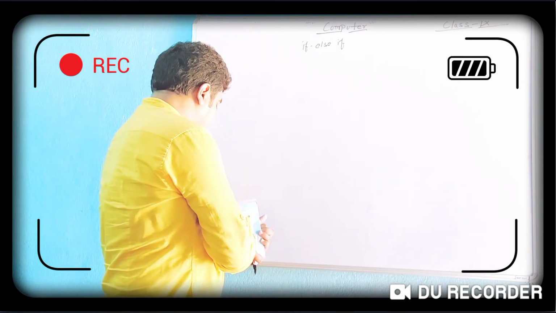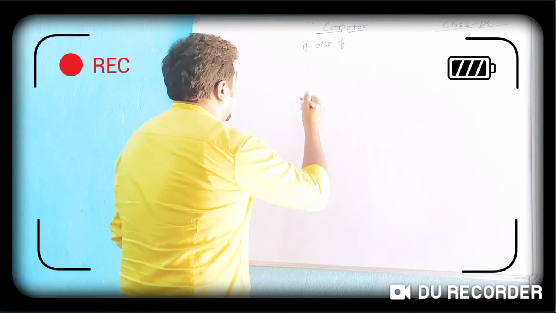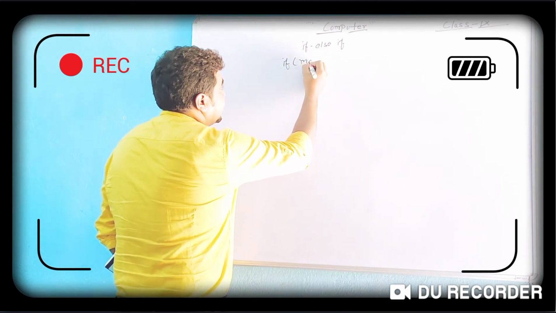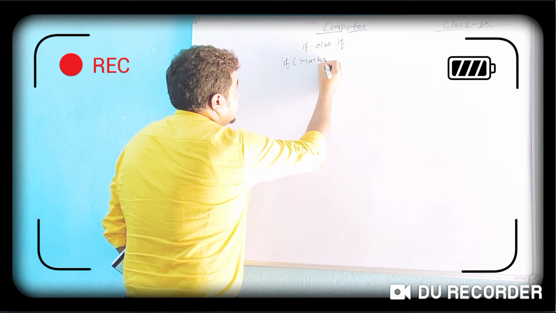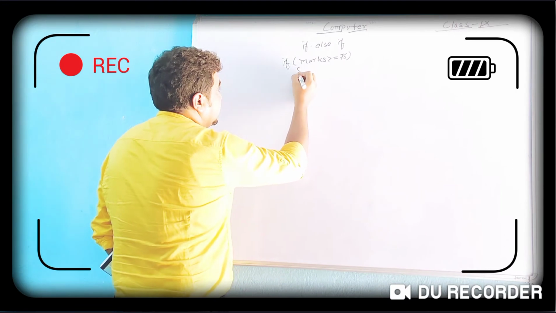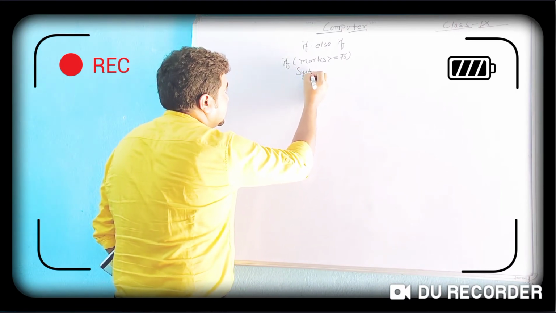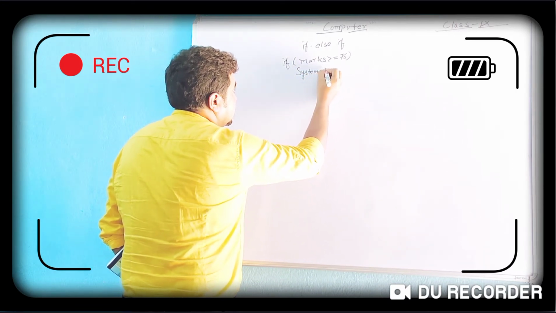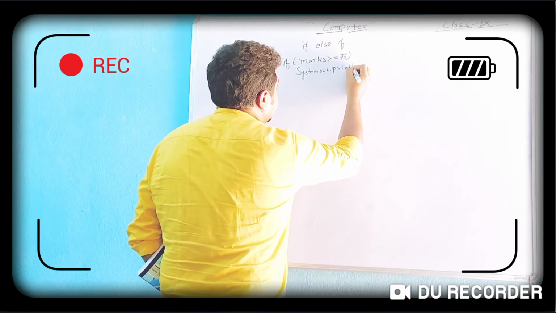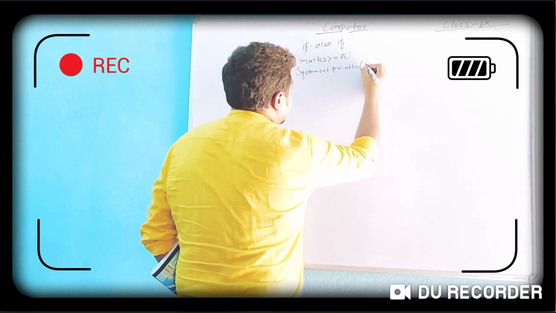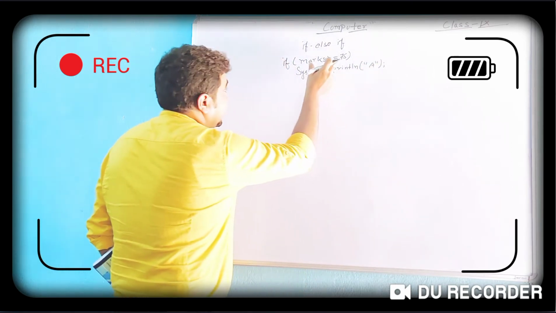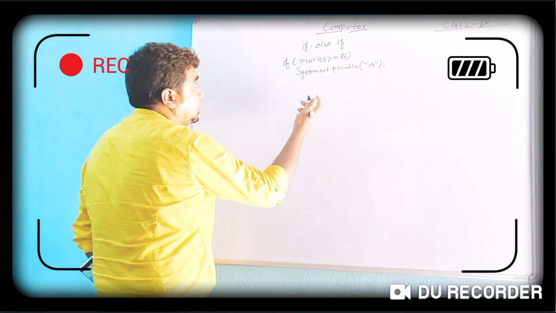So how to execute this part? Like if I am talking about marks, if anyone is getting marks greater than or equal to 75, then I will print System.out.println A grade. What will happen if marks is not greater than 75?